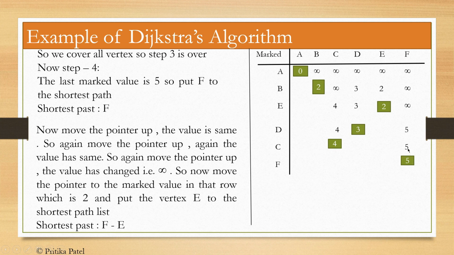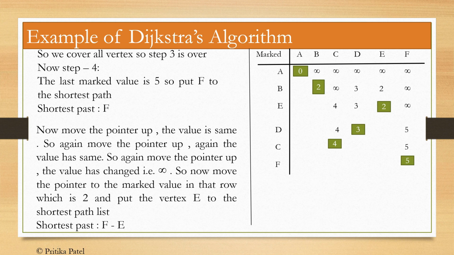The value is the same. Again move the pointer up, the value is the same. Again move the pointer up, the value is the same. So again move the pointer up, and the value has changed, that is infinite.